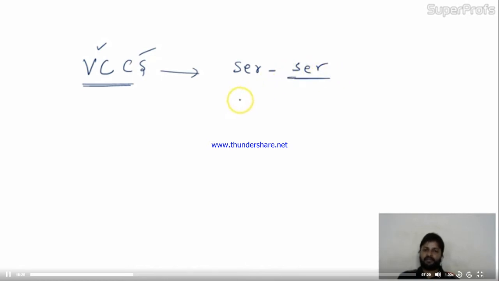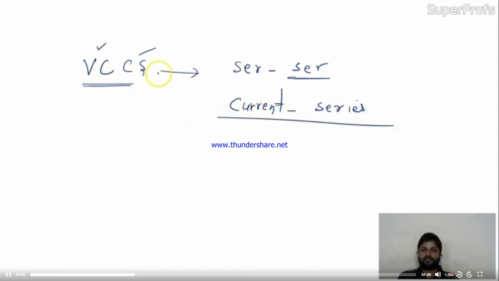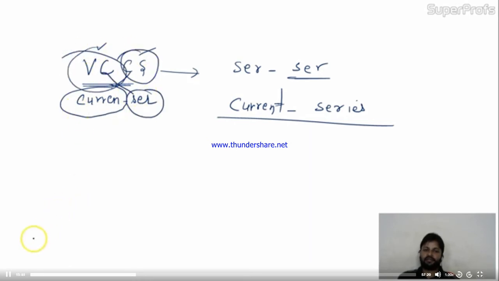So take the name of the output as current, input as it is. So you can say this is current series also. The voltage control voltage source, you can call it current series. This current belongs to the output and this series belongs to the input. Is it okay? I hope it's clear to you, friends.